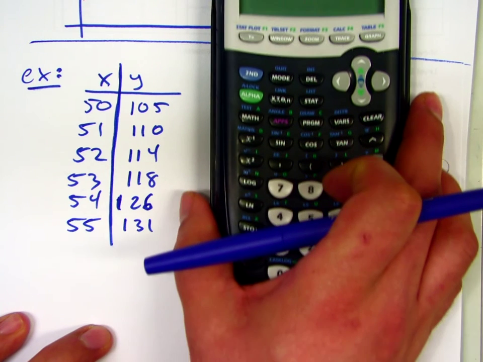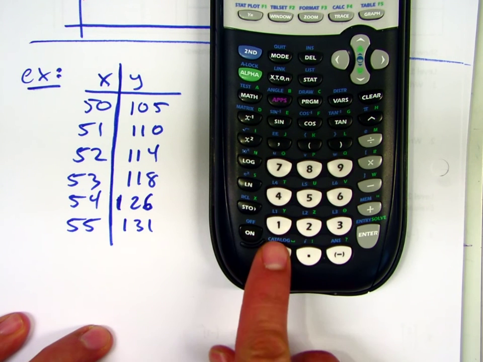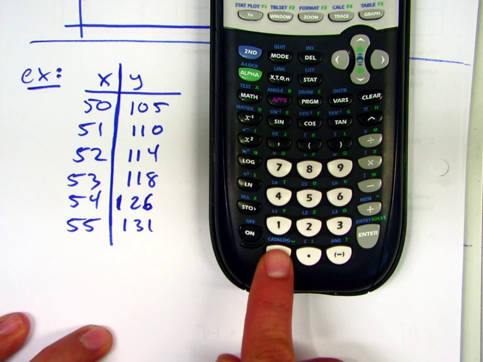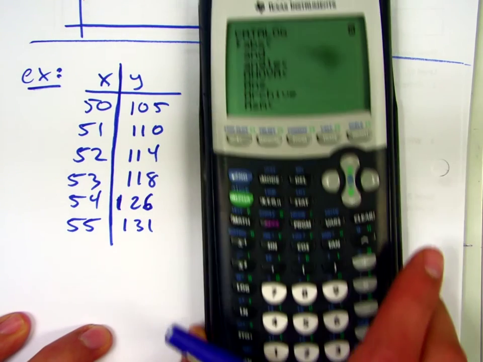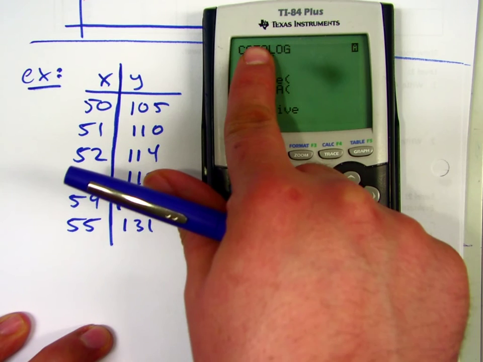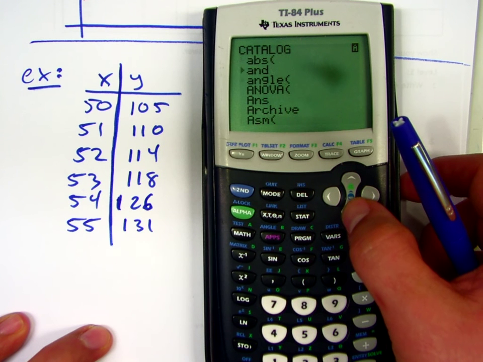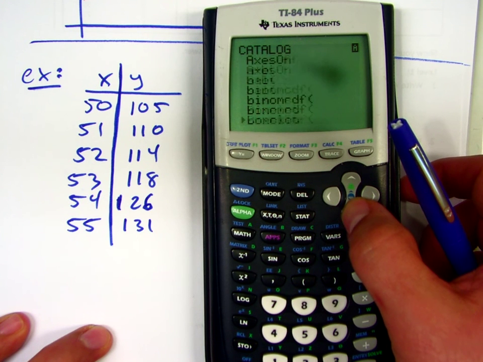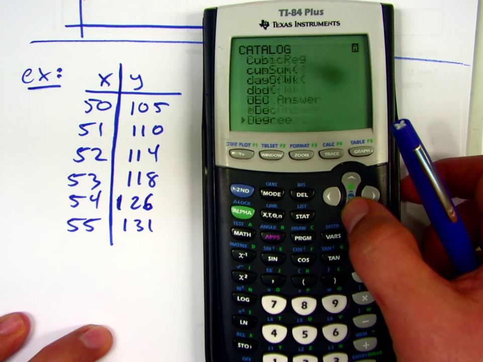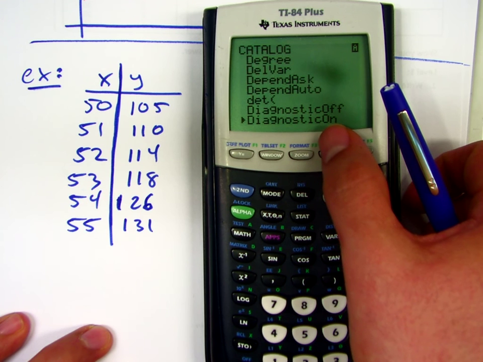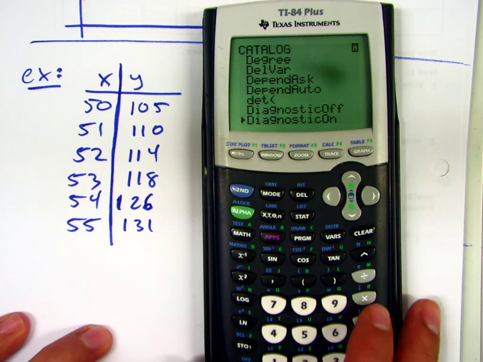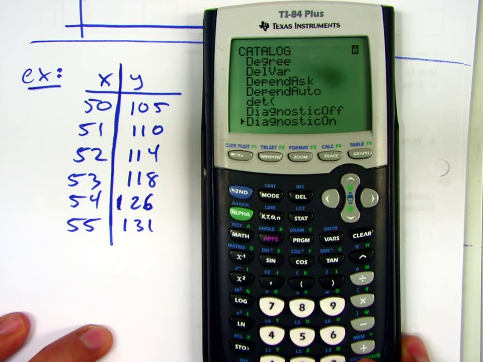So first, the catalog menu is located where the 0 button is. So press second and then 0. That takes you to the catalog menu. What you're going to do is scroll down until you get to where it says diagnostic, and you want to hit diagnostic on. It's all the stuff your calculator does.